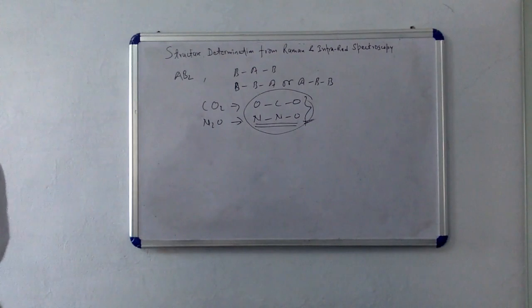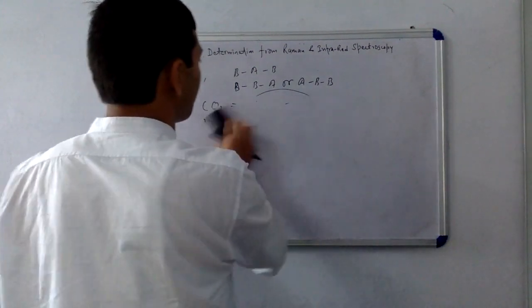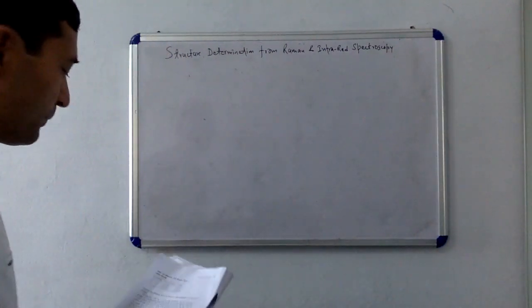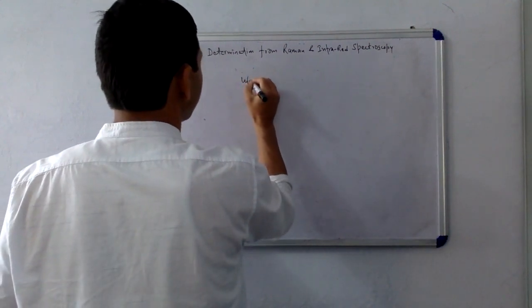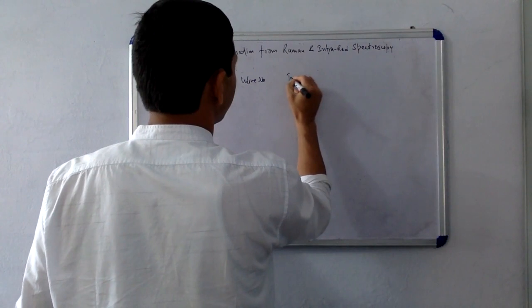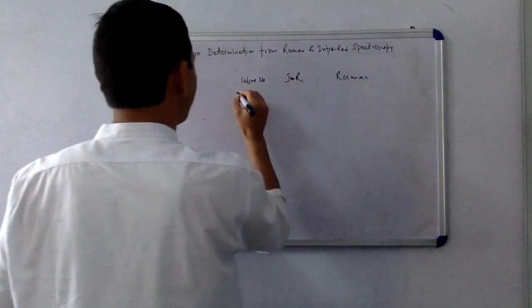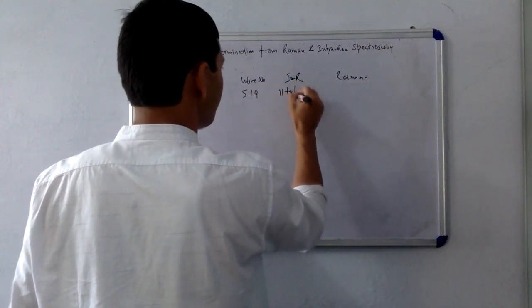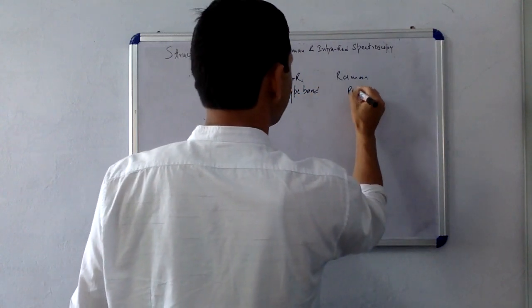Now another example, SO2. Now the observed data for SO2, infrared and Raman bands. This is the wave number, this is the IR, this is the Raman. At 519 we are getting a parallel type band, and it is polarized. At 1151 we get a second parallel type band, again polarized.